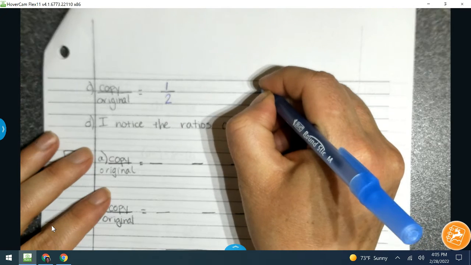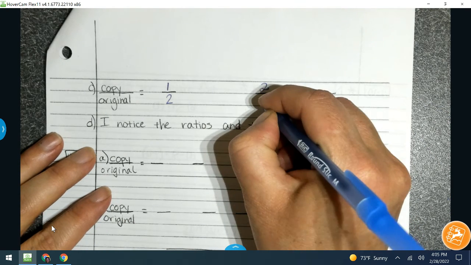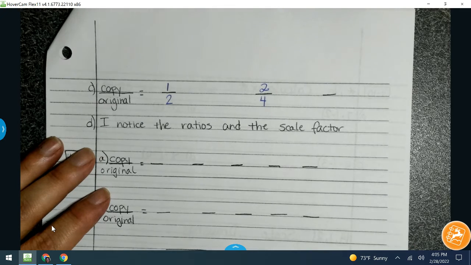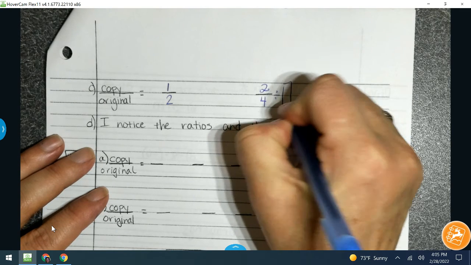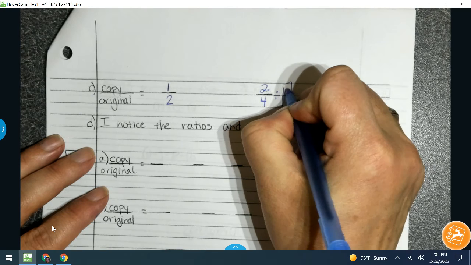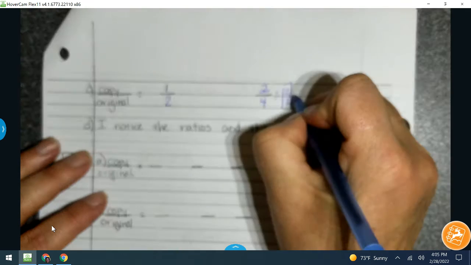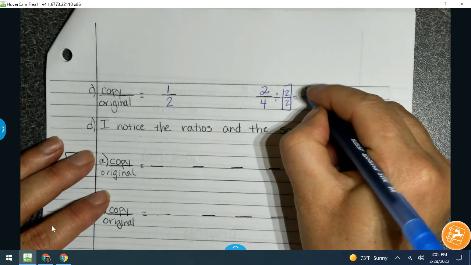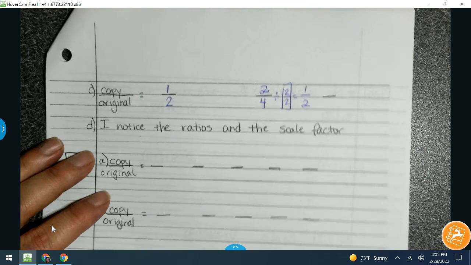So I have 2 on the copy, excuse me, and 4 on the original. So I'm now going to divide by their common factor, which is 2 over 2 because they're both even. It definitely has a 2 in common. And 2 divided by 2 is 1. 4 divided by 2 is also 2.